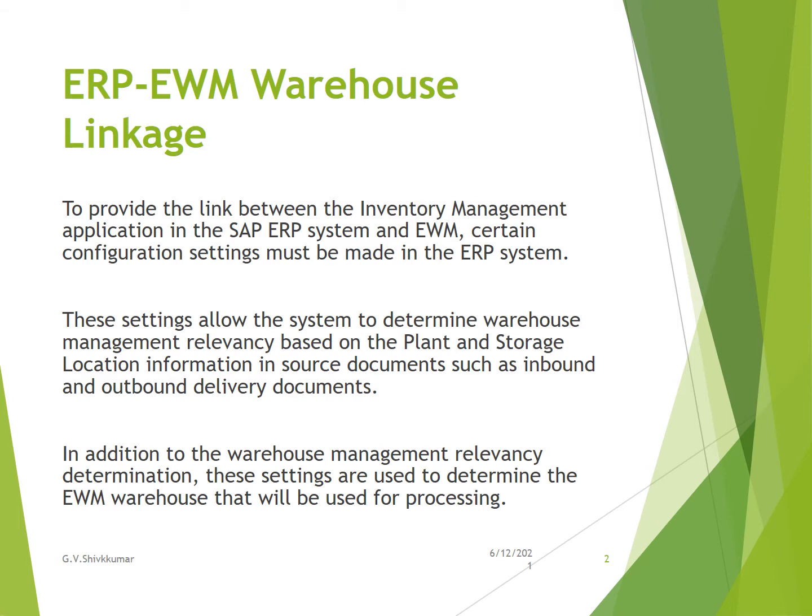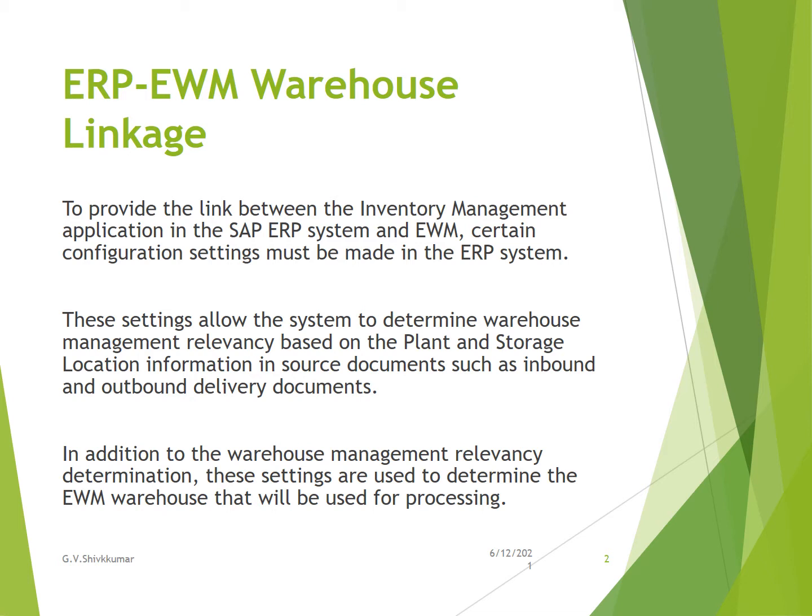In this page, we are discussing ERP and EWM warehouse linkage. To provide the linkage between the inventory management application in the SAP ERP system and the warehousing functionality in EWM, we need to do certain configuration settings in the ERP side first, and then also in the EWM side.